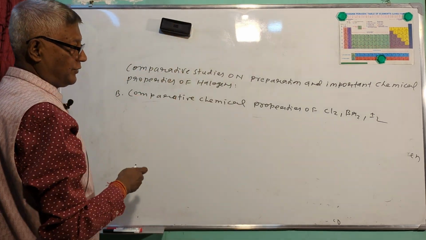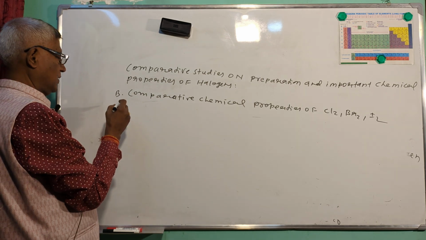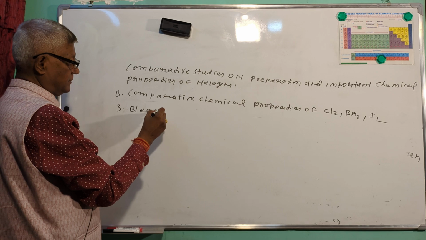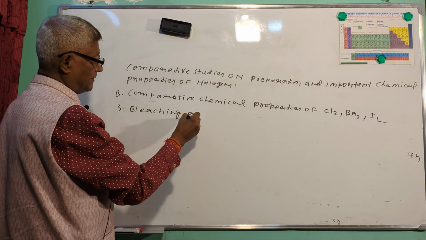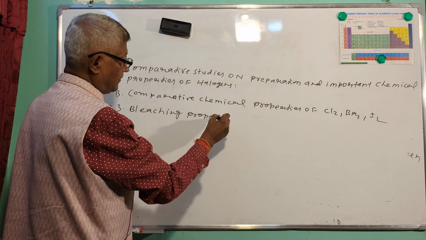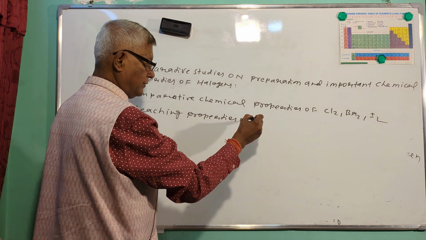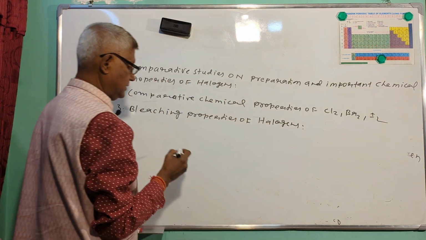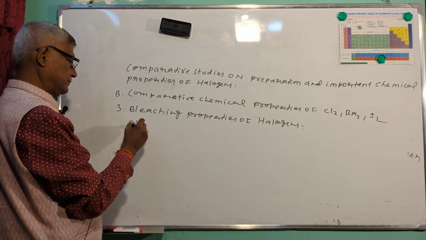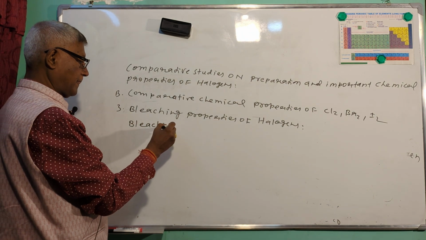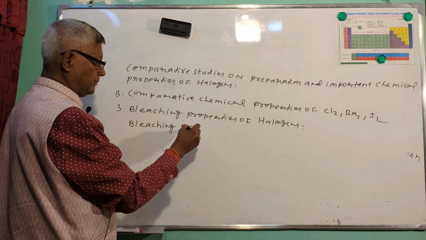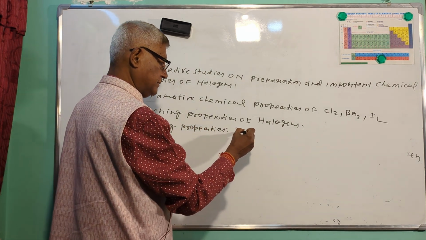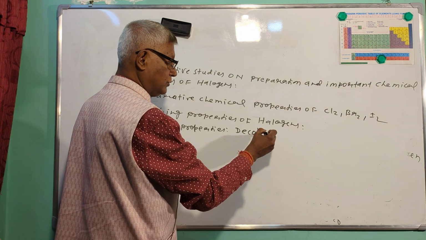Comparative study, that is very important and generally asked in examination. So the third one is the bleaching properties of halogens. Bleaching means decolorization, to change one color to another.